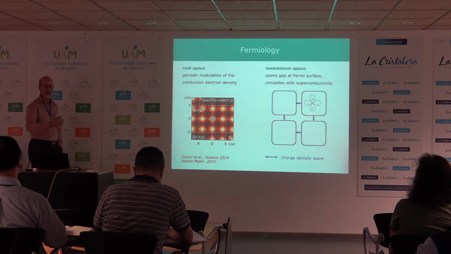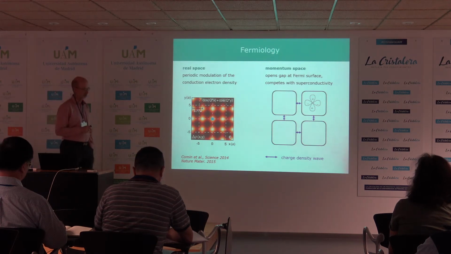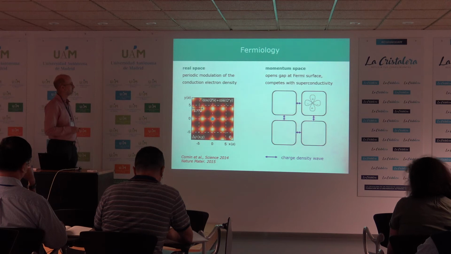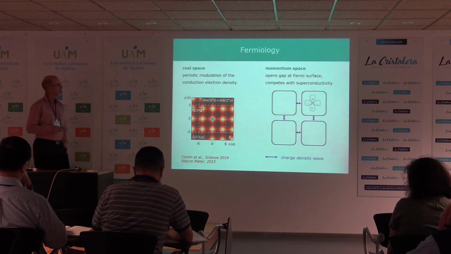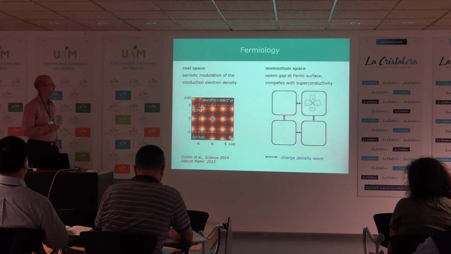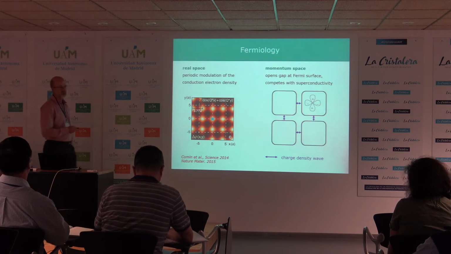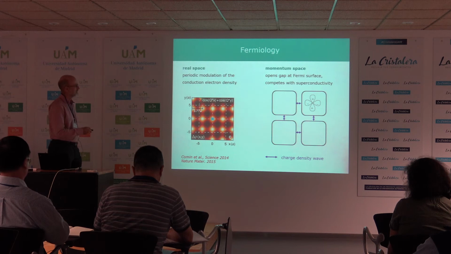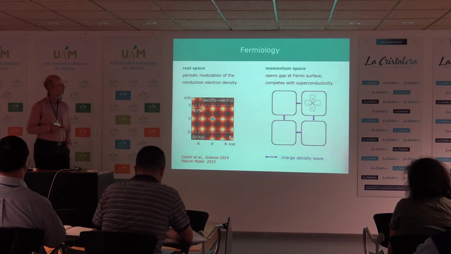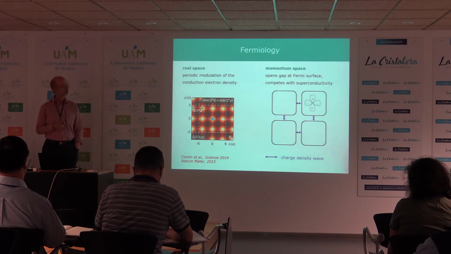So there are, again, these two ways of looking at the charge order, either in real space or momentum space. Now, here the ordering wave vector is incommensurate, so it makes more sense to look at what kind of momentum space features this charge ordering wave vector could correspond to.